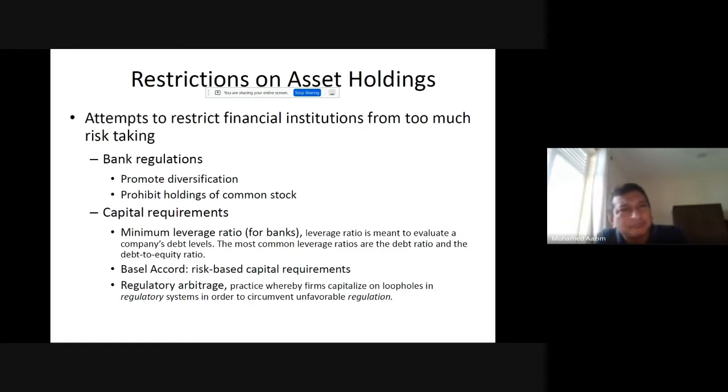So you have to see what type of assets these financial intermediaries can hold, what type of assets they could be exposed to, but they have to limit those. So the bank regulation would promote diversification, simply to reduce the risk.